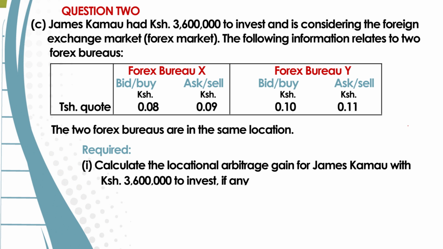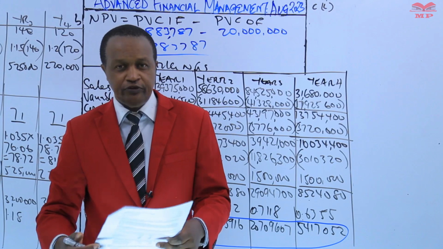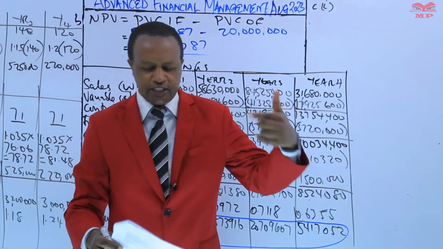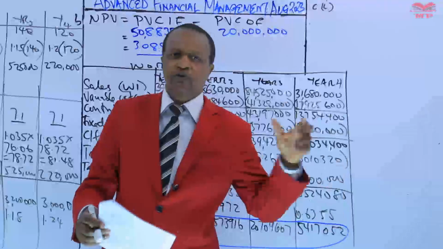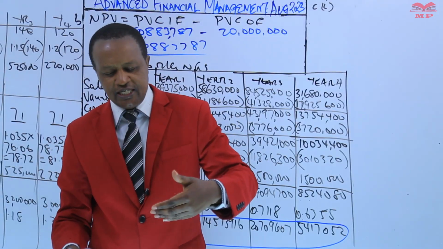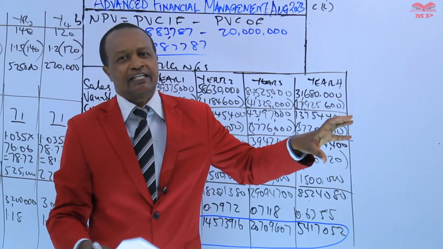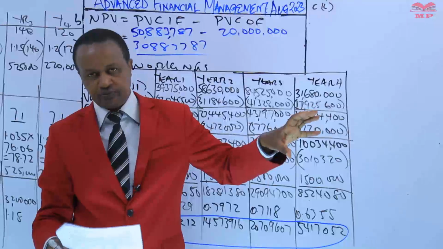Calculate the locational arbitrage gain. First of all, what is locational arbitrage gain? Locational arbitrage gain refers to the profit earned by exploiting price differences for the same asset in different markets or locations.